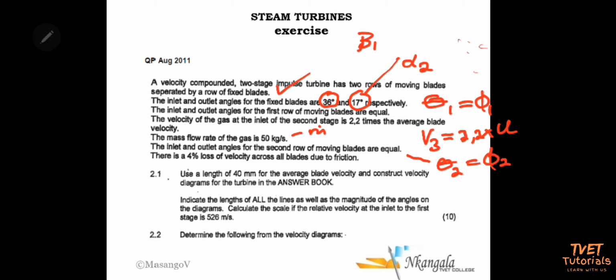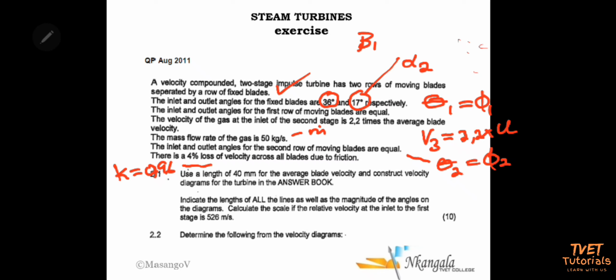It also means we have symmetrical blading in the second row of moving blades. There is 4% loss in velocity across all blades due to friction. So now this gives us a K value of 0.96. 4% loss means that you retain 96%. So then 96% in a fraction is 0.96.